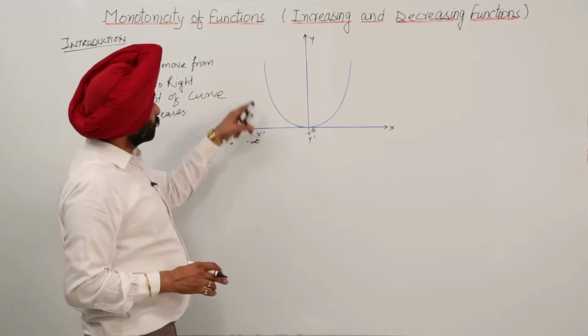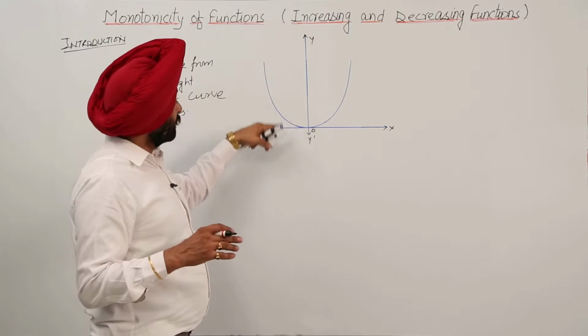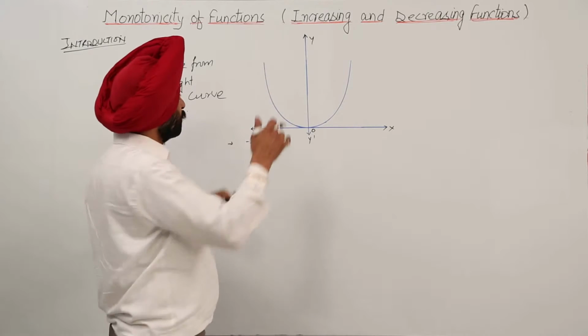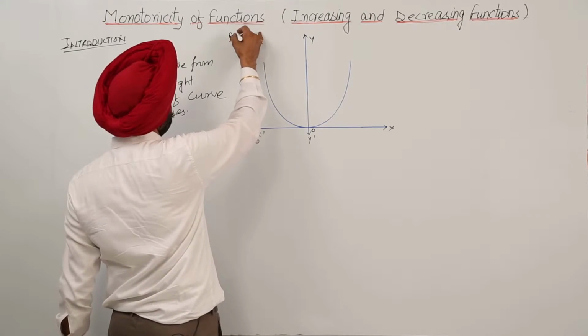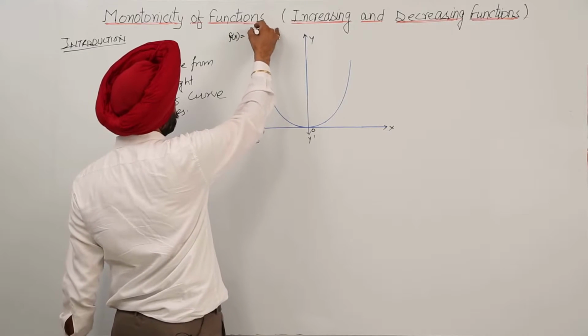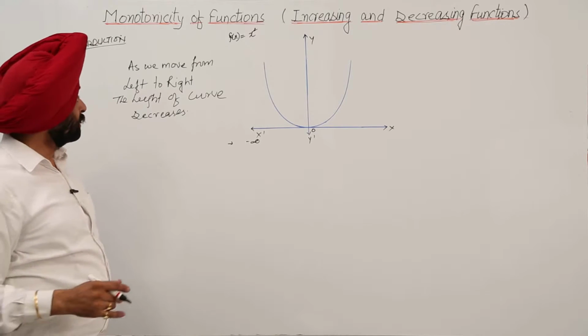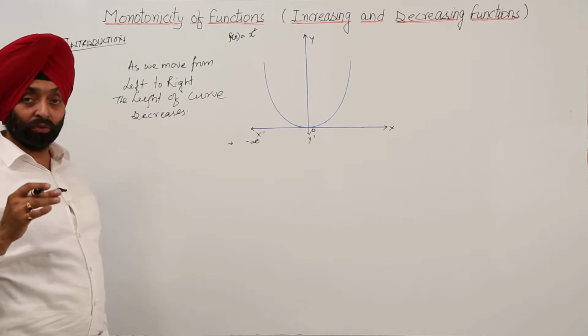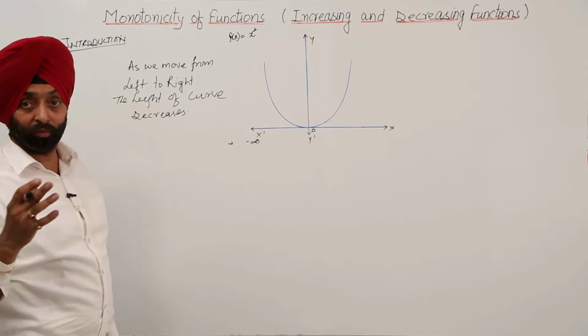How? Suppose this is for f(x) equal to x square, being a parabola. If it is -2, then the result will be 4. If it is +2, the result will be 4.